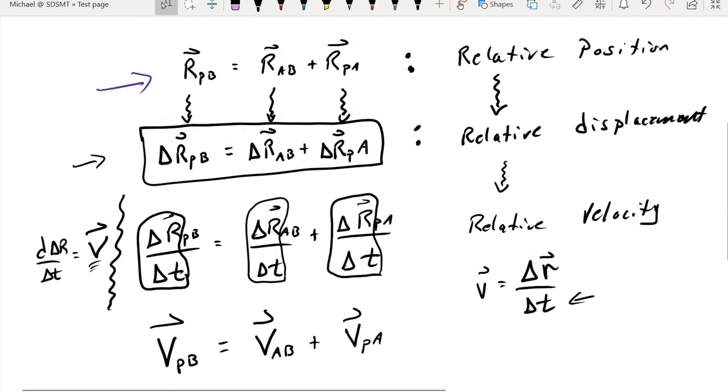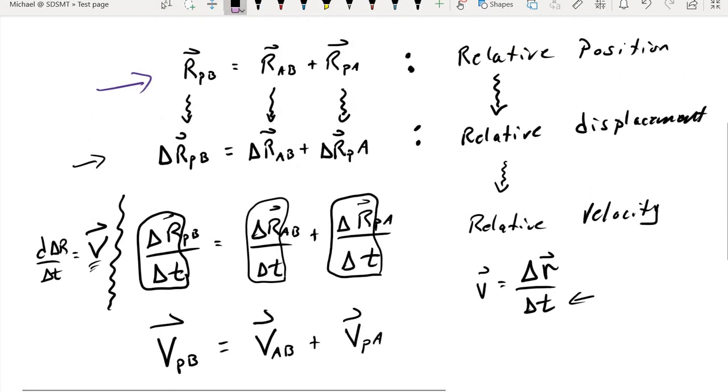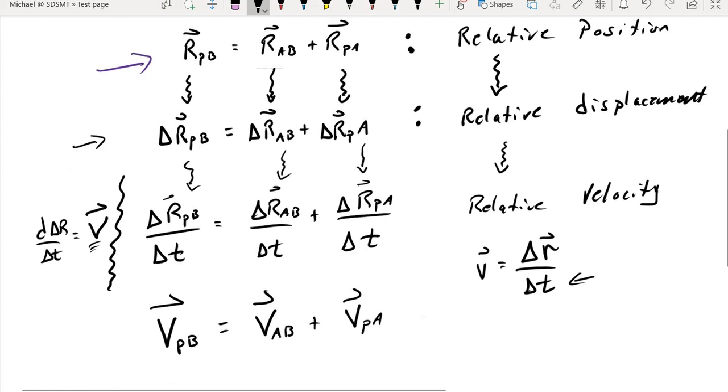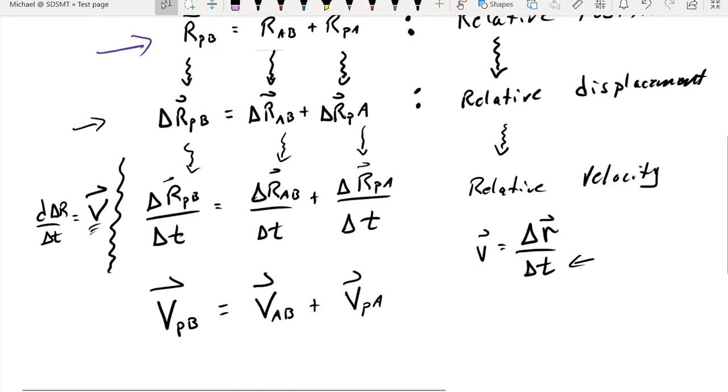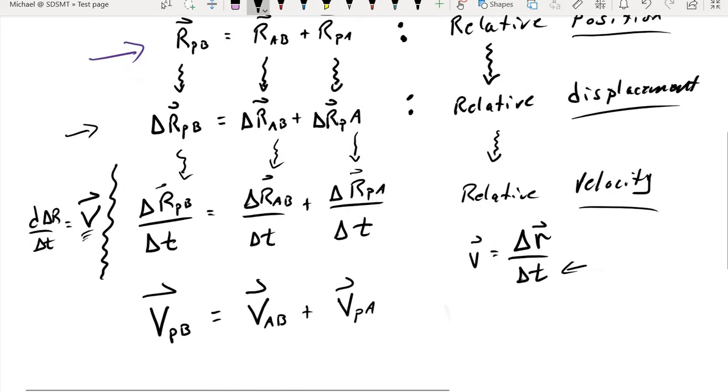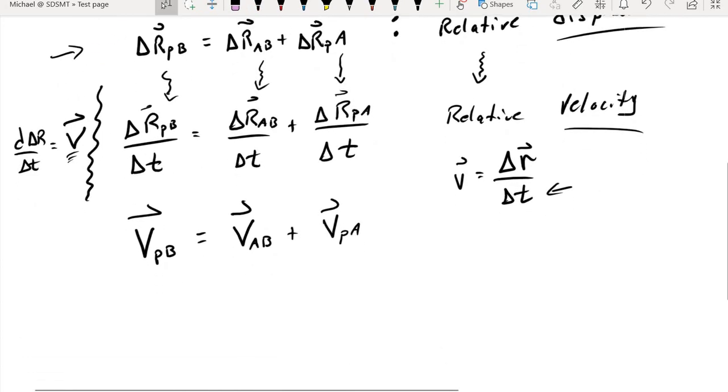And so if you notice as we step down through all of these expressions, the arrangement of these subscripts is consistent. The only thing that we're doing is we're progressing through the definitions of position, displacement, velocity, etc. And so then obviously the next term in line would be relative acceleration.